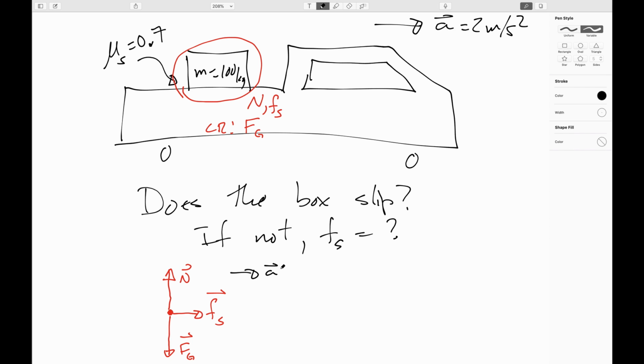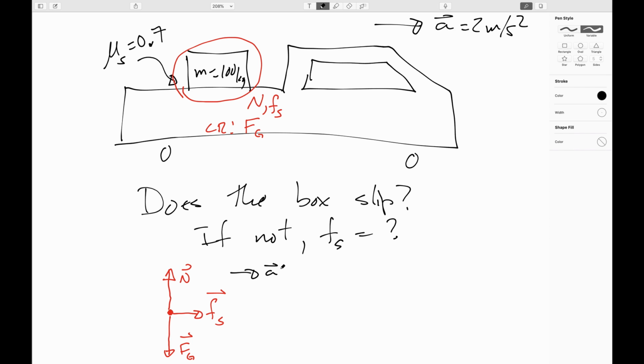Again, it might make a little more sense if you don't like thinking of it that way. Another way to think about it is to ask yourself, which way would it try to slip relative to the surface? So again, going back to what we were saying before, when we figured out that there was a force of static friction, by Newton's first law of motion, the crate would want to go forward at a constant speed, but in the problem, the truck is picking up speed going forward.